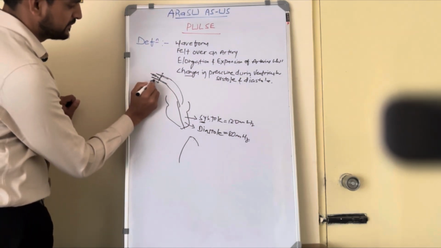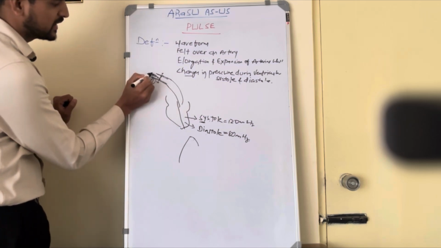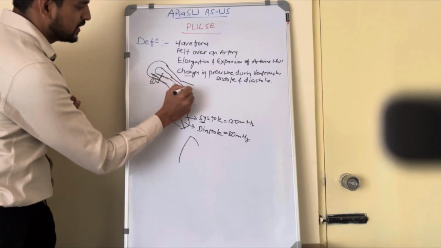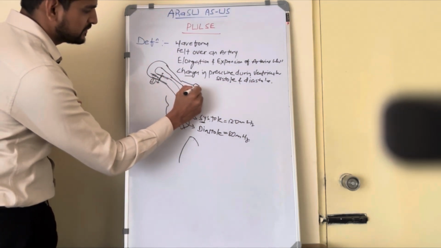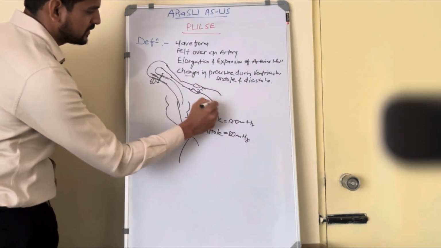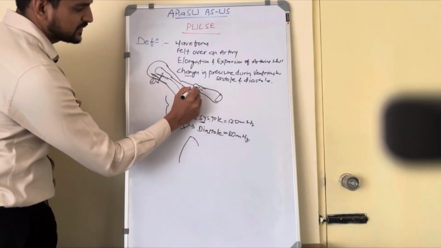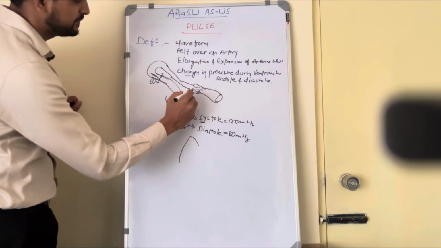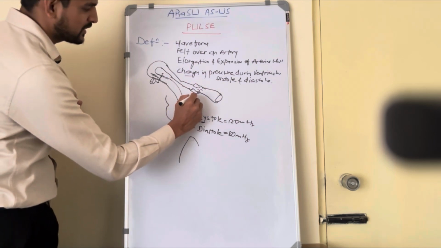Second, after pumping, the blood reaches the peripheries, where there is the junction of arteries and veins. At this junction there will be capillaries, and here there will be resistance by the peripheral vascular system, that is peripheral vascular resistance.